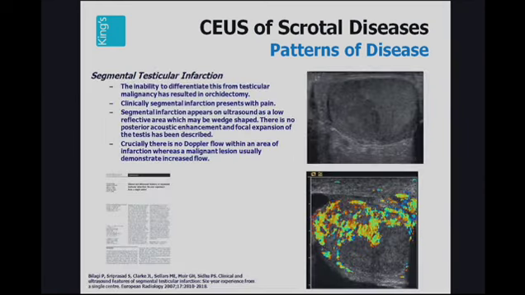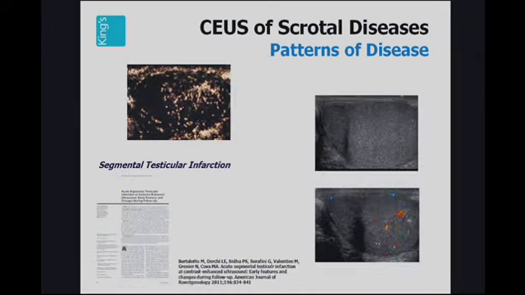This is an example of a segmental testicular infarct which looks very much like a tumor. However, there is no color Doppler flow to that area, and there is confidence that this is unlikely to be a tumor. Adding contrast at this stage allows the physician to clearly identify an area of infarction and to manage this patient conservatively.